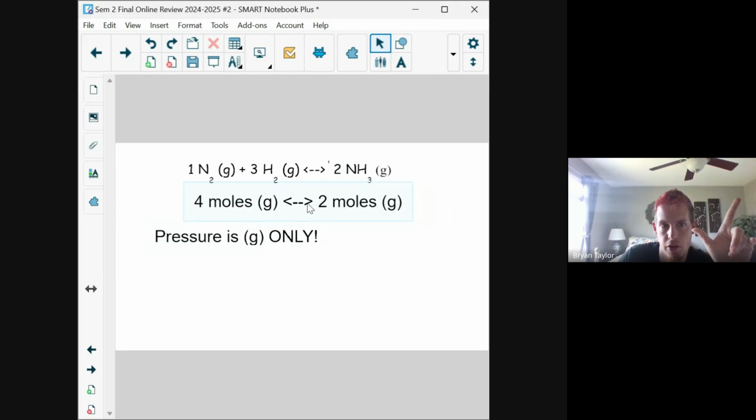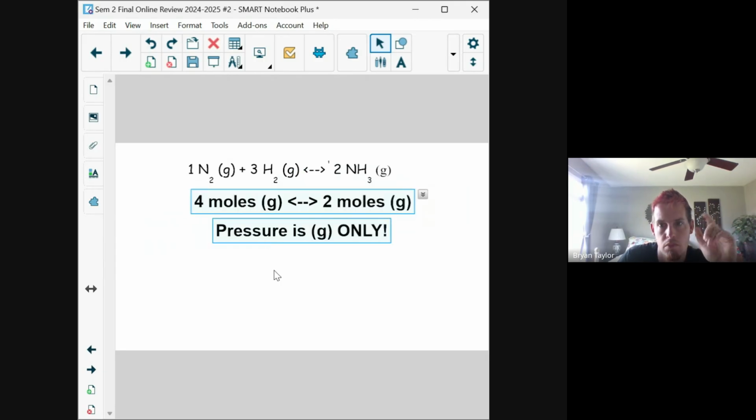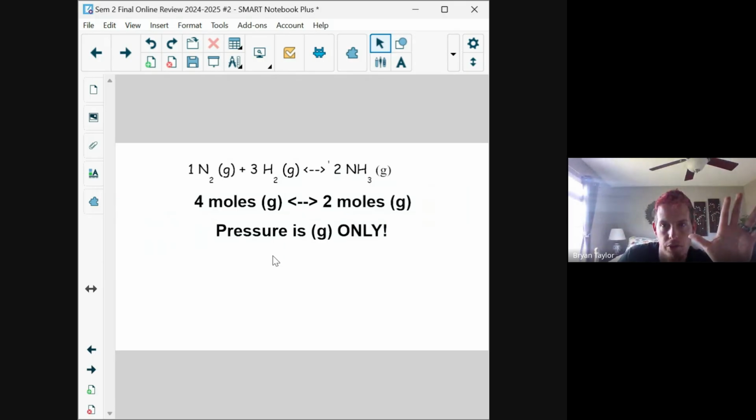Are we okay so far? Does everyone know where I got the 4 and the 2 from? Yeah. If there is a random chemical that's a solid, liquid, or aqueous, you just ignore it for pressure, move on. Only care about the gas.